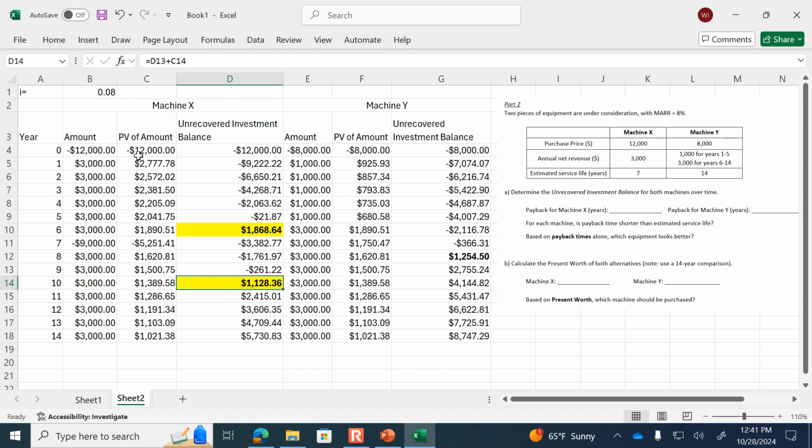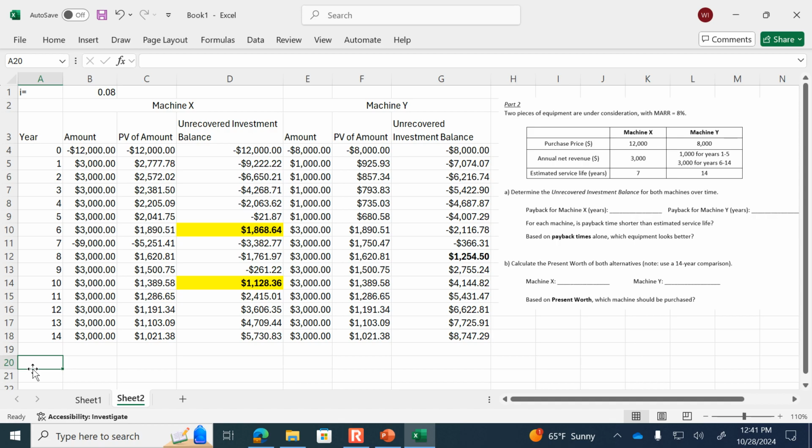Let's look at machine X. Is machine X acceptable? Service life, meaning its useful life, is 7 years, and it's paid off in 6. So what we conclude about machine X is yes, it's potentially acceptable. Machine Y, useful life is 14 years, it's paid off in 8, so yes, it's also acceptable.